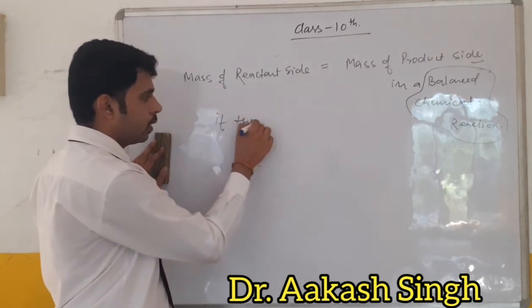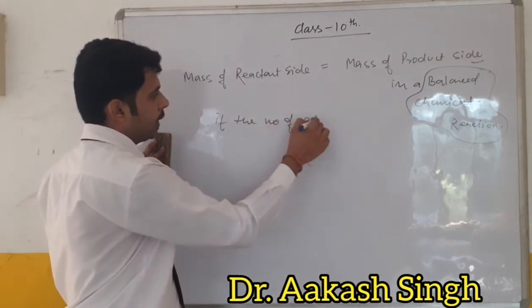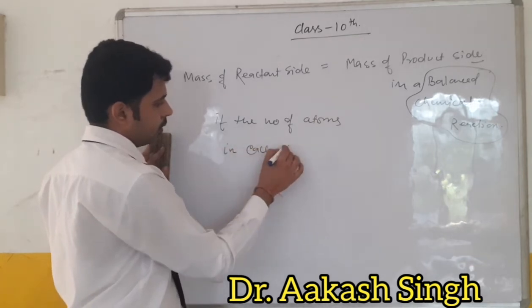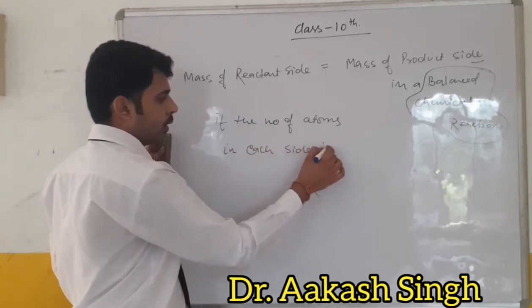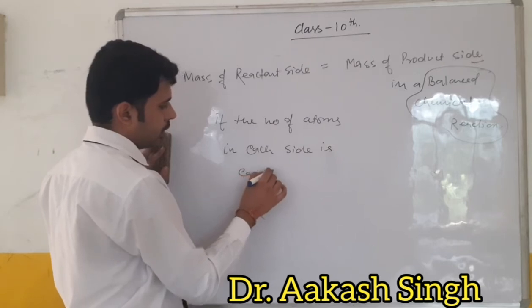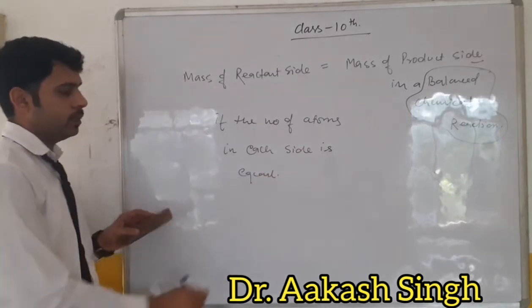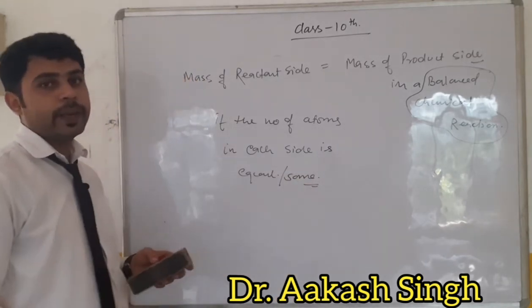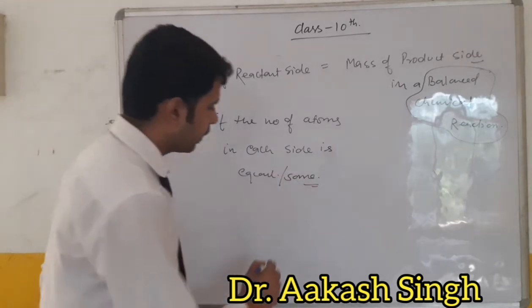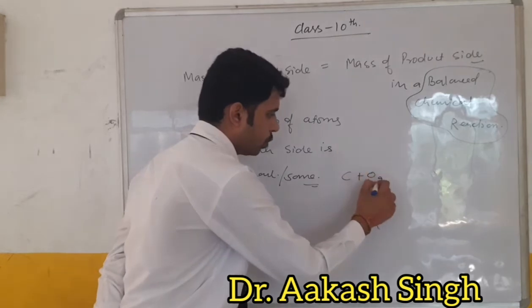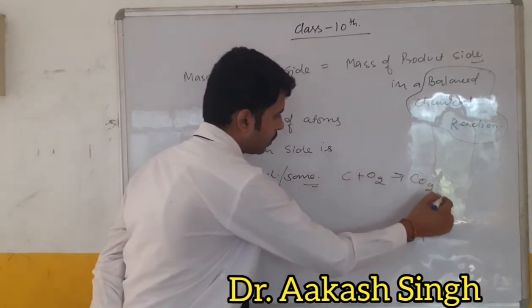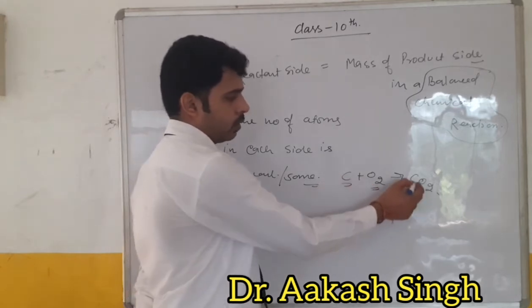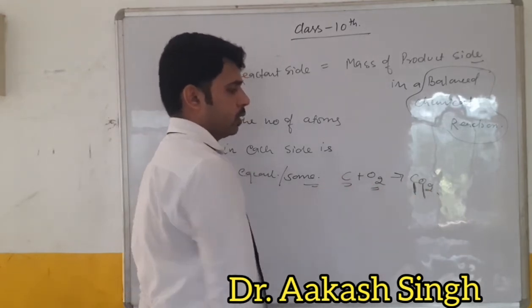If the number of atoms in each side is equal, is same, then the reaction will be a balanced chemical reaction. Like C plus O2 gives CO2. This is a balanced chemical reaction. 1 carbon, 2 oxygen, 1 carbon and 2 oxygens.